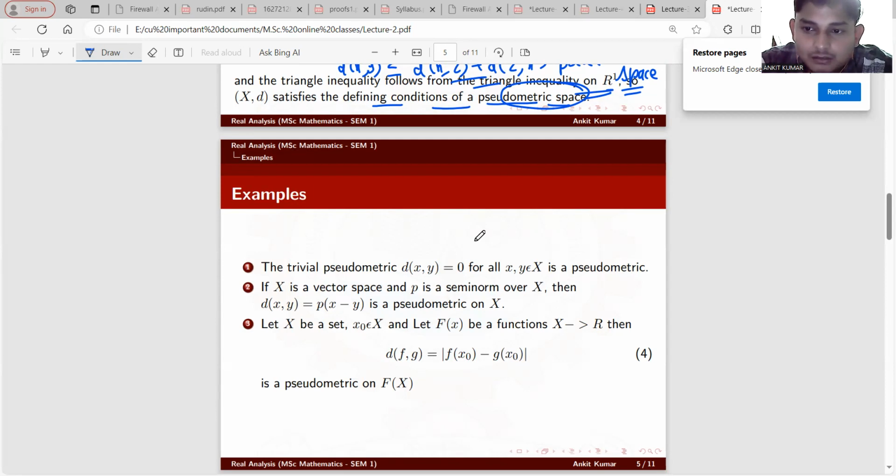So I will discuss the examples of pseudo-metric spaces. So the trivial pseudo-metric space.